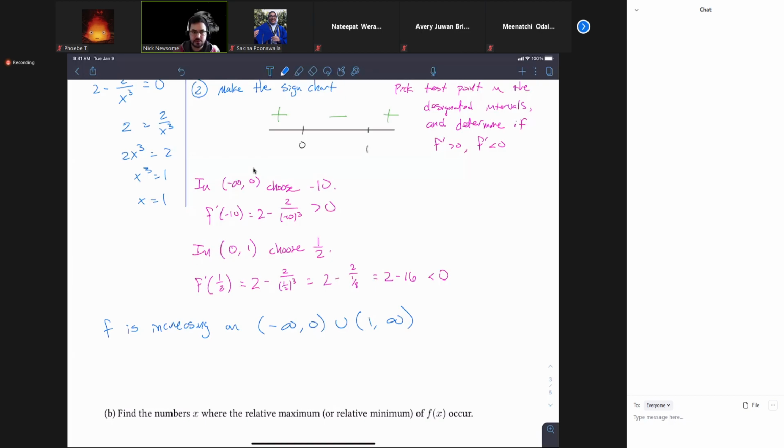It's increasing in two places. And it's decreasing on the interval 0 to 1. Okay, questions about this problem?